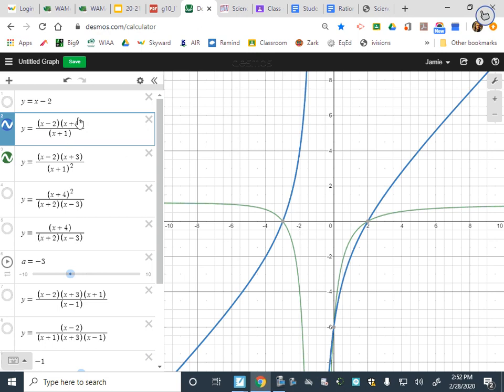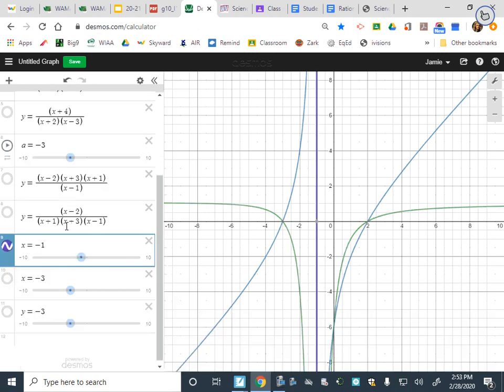The degree in the numerator was bigger than the degree in the denominator, so it had this negative infinity behavior on the left, and positive infinity behavior on the right. But the green graph now is quadratic in the numerator, quadratic in the denominator. Degrees are the same, so it has the horizontal asymptote that's heading out there toward 1. It crosses the x-axis in exactly the same places. The vertical asymptote, if I can turn that back on, is in exactly the same place, but what's different here?